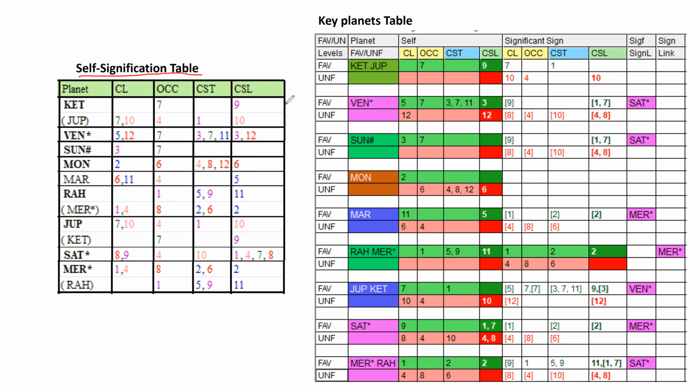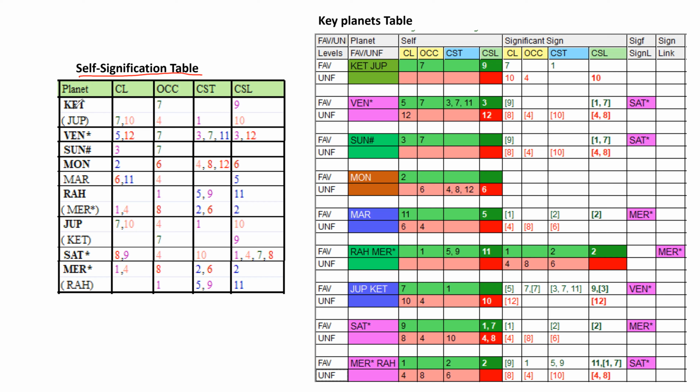For example, the event we have chosen is marriage. So the 7th house is favorable, and all the other houses, 7th, 2nd, 11th, 5th, 3, 1, 3, 7, 9, 11, come under favorable, whereas the 4th, 6th, 8th, 10th and 12th houses come under unfavorable.